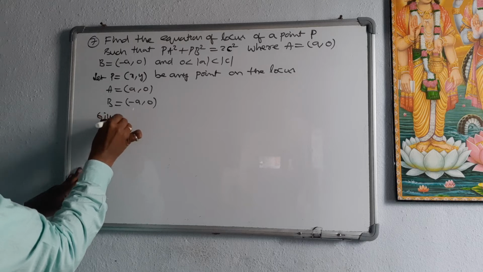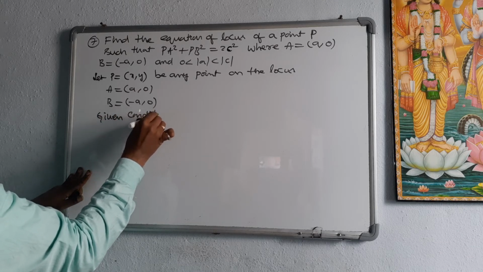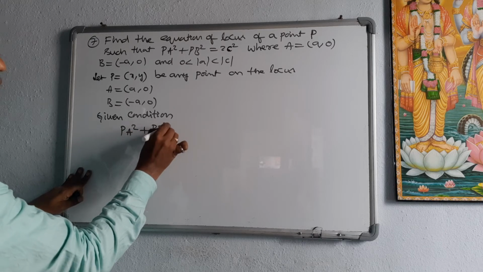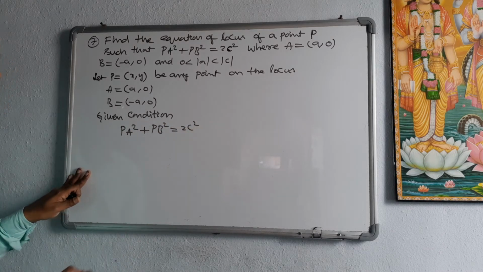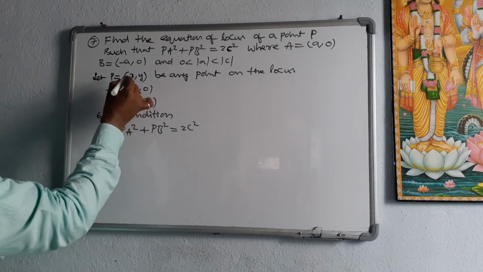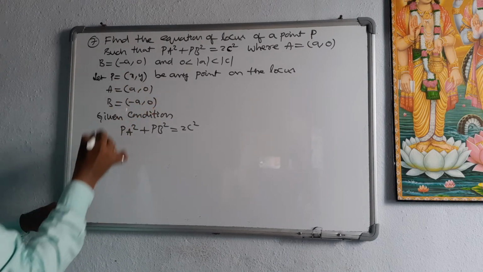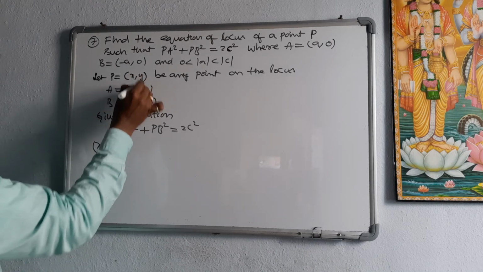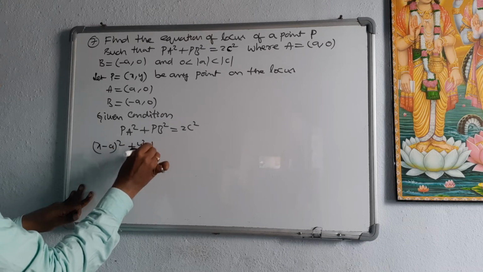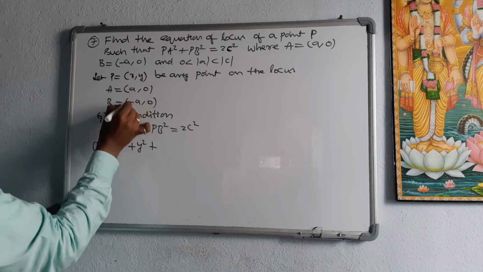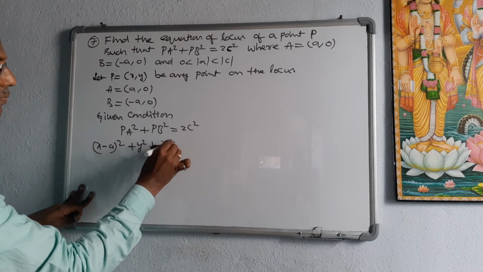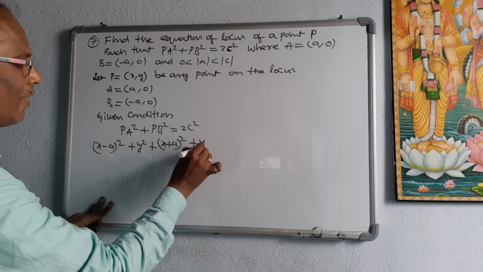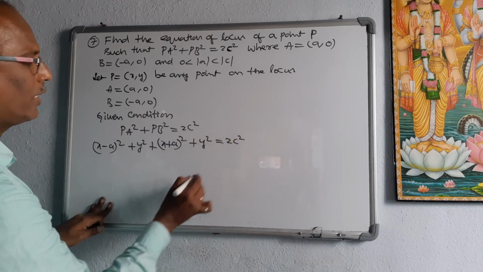Given condition, PA square plus PB square equal to 2c square. To apply the formula, distance between 2 points, x minus a whole square plus y minus 0 whole square, y square, PB square, x minus of minus a, x plus a whole square plus y minus 0 whole square, y square, equal to 2c square.